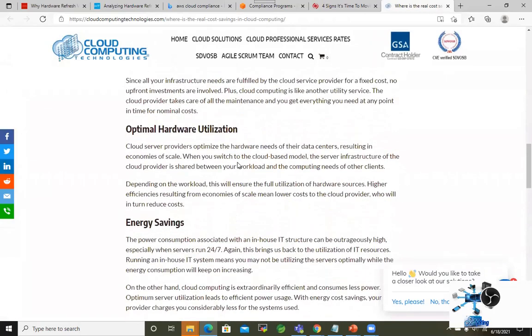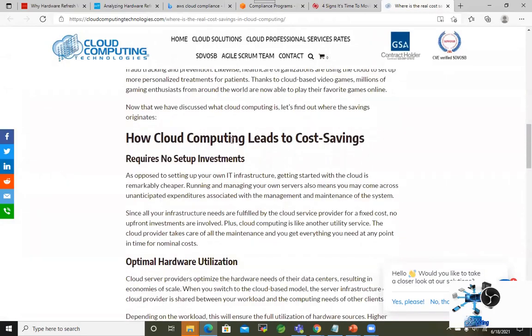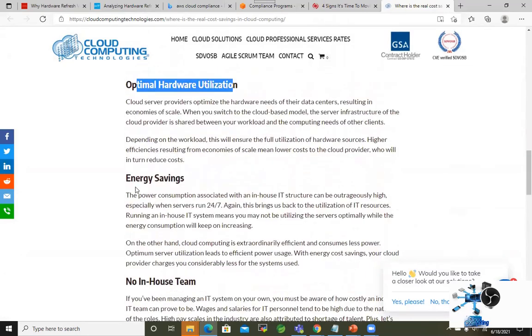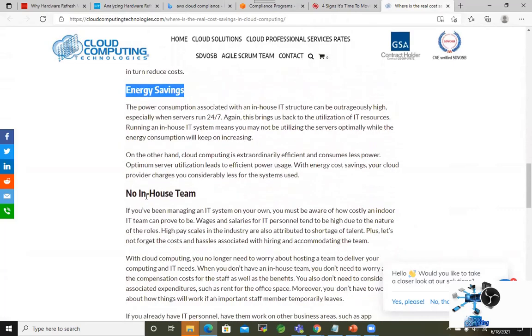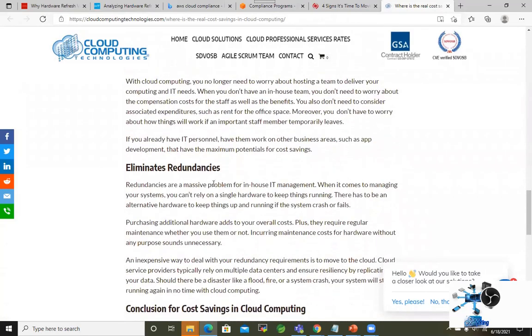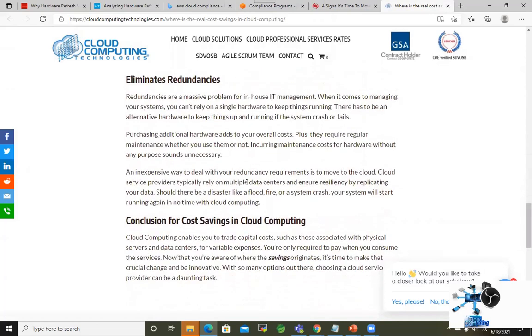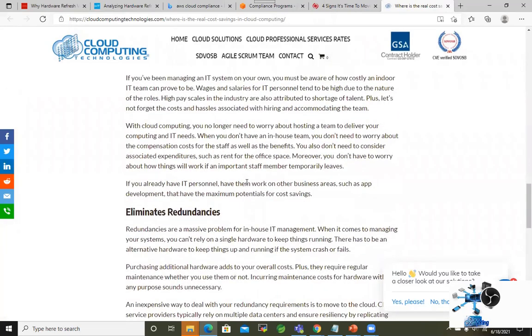You can see how cloud computing leads to cost saving: require no setup investments, optimal hardware utilization, energy savings, no in-house team, the maintenance cost, eliminate redundancies, because we pay only for what we use. So anyway, definitely it's going to be a cost reduction.